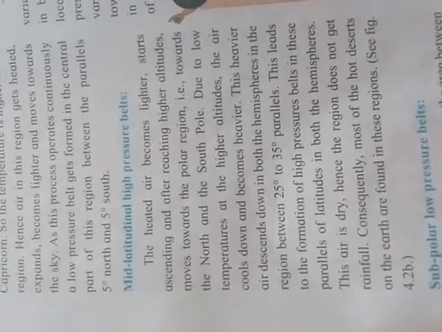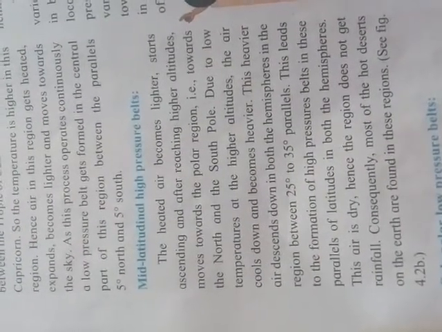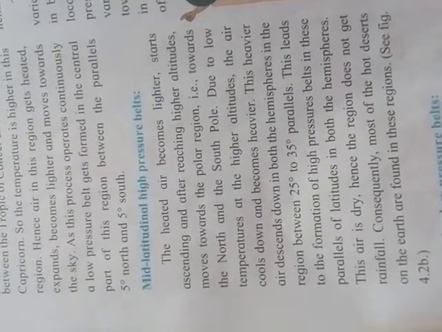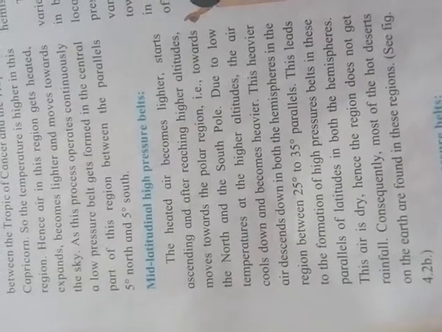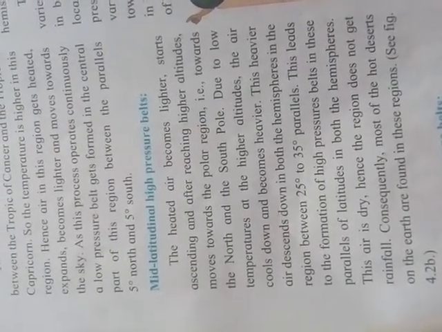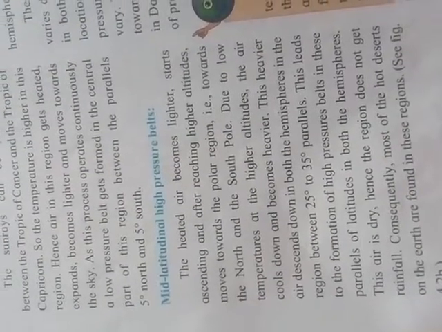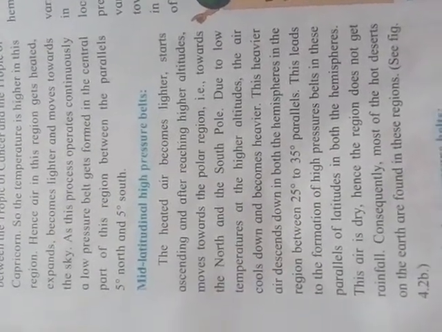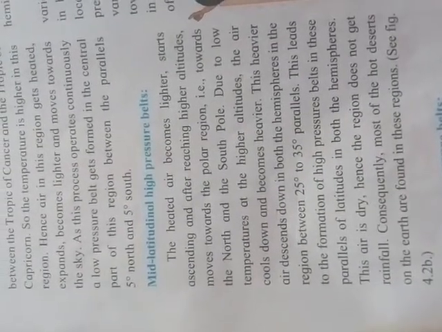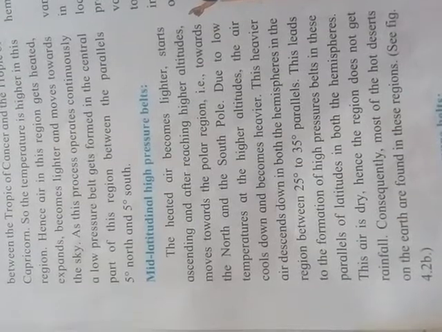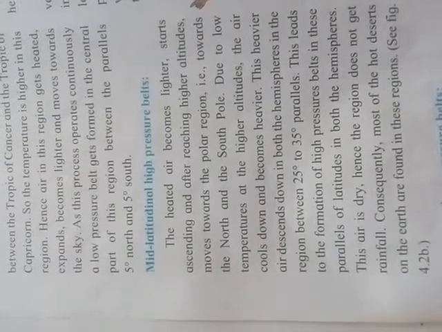That means the air is lighter and lighter, starts ascending, and after reaching a higher altitude, it moves toward the polar region, that is toward the north and south poles.